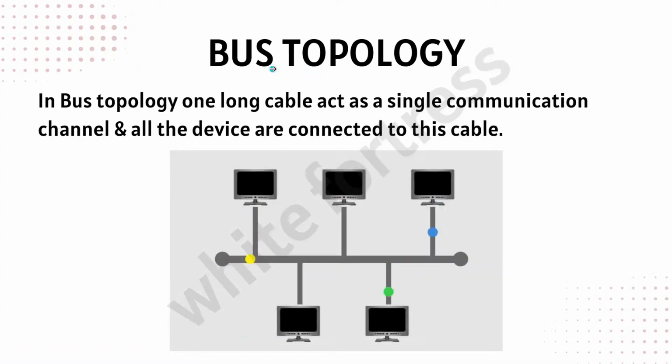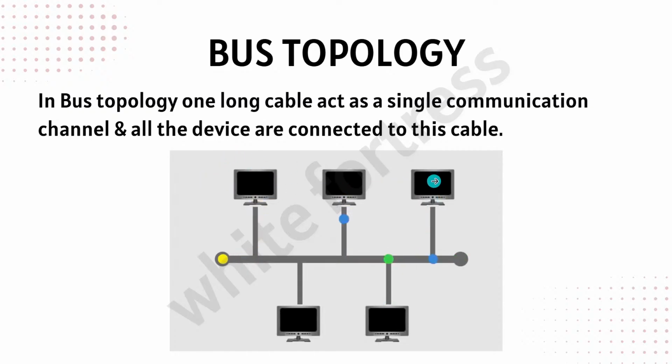Coming to the bus topology. In bus topology, one long cable acts as a single communication channel, and all the devices are connected to this cable. For example, the top right system wants to communicate with the top left system.